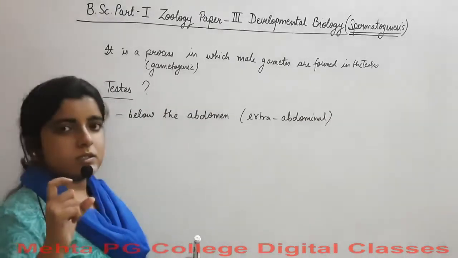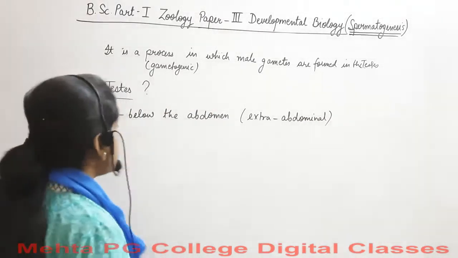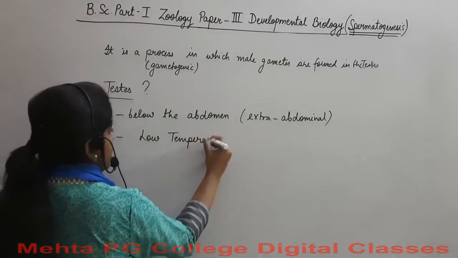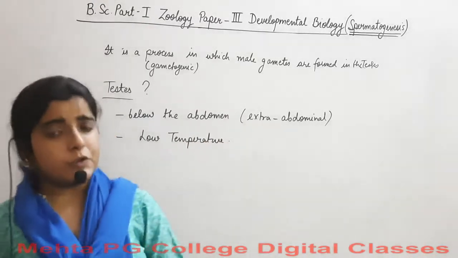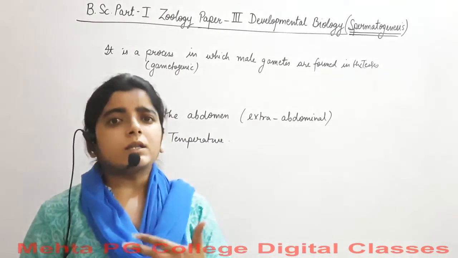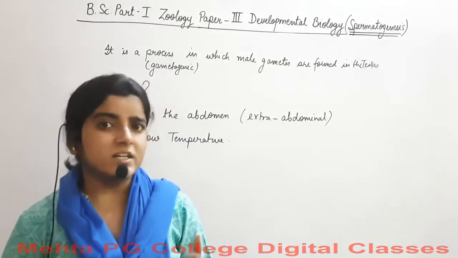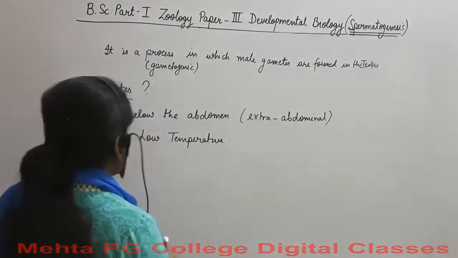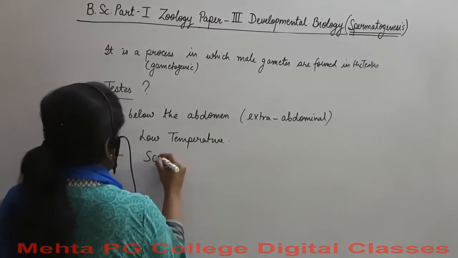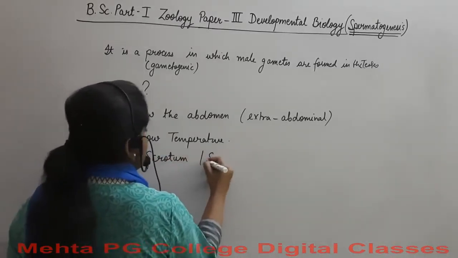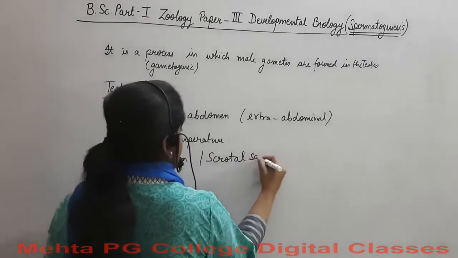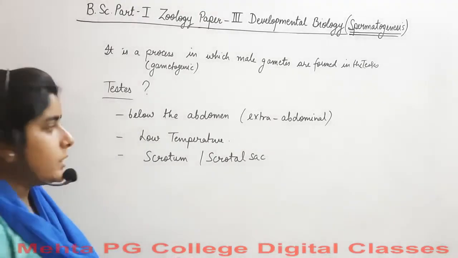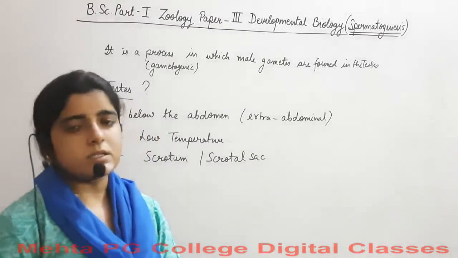There is a reason behind that, right? Because at low temperature, male gametes can be produced very easily and their formation process does not get hindered, right? So that's why they are descended down, and they are called scrotum or scrotal sacs. Their covering is known as scrotum or scrotal sacs.